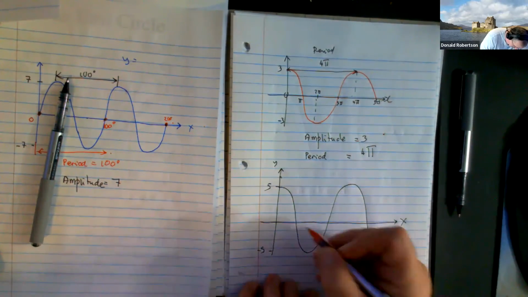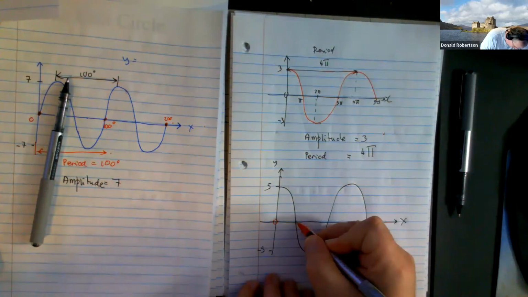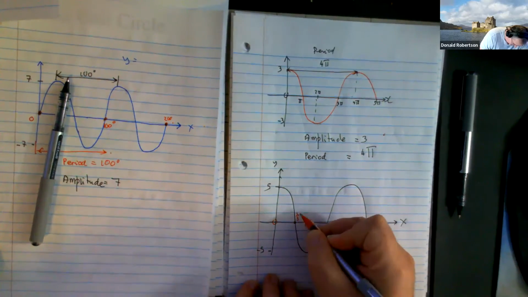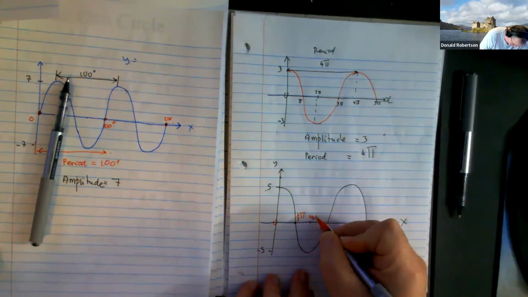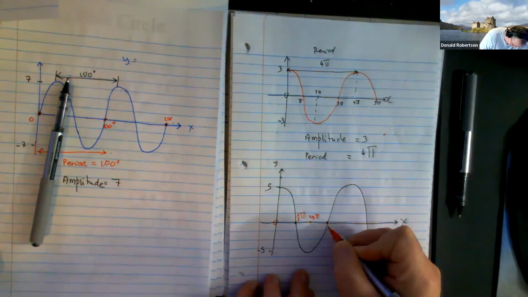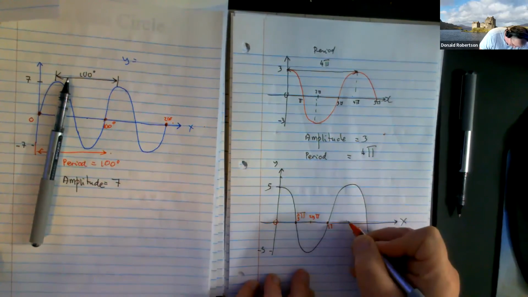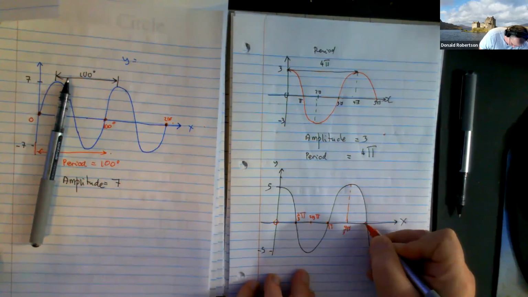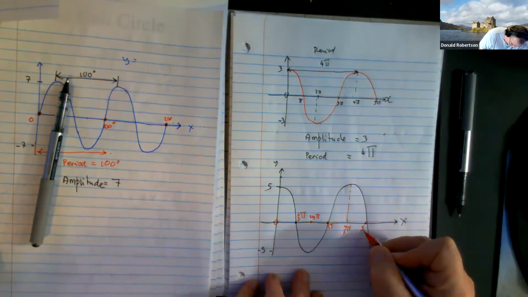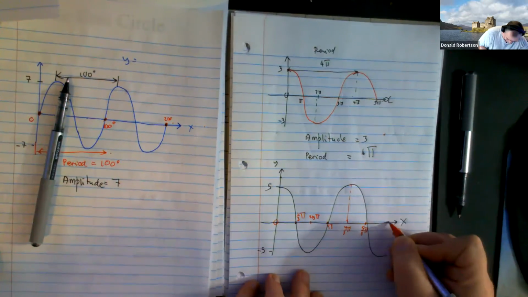So that's 0. That's 1/3 pi. This guy is 2/3 pi. This is pi. This one here is 4/3 pi. And this is 5/3 pi. And this here would be 2 pi.